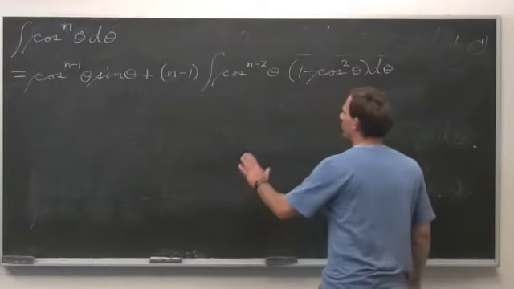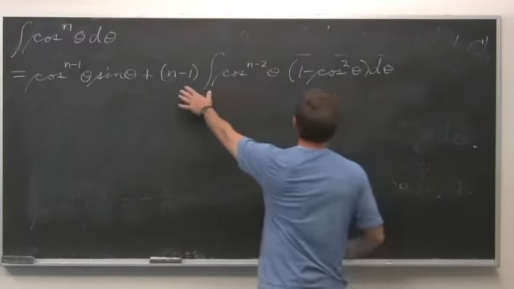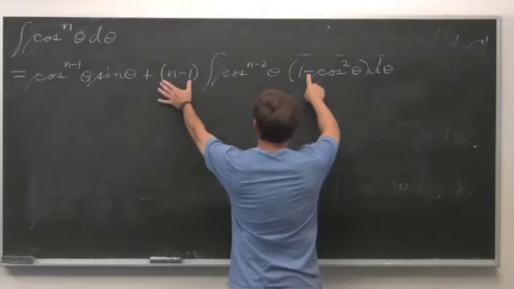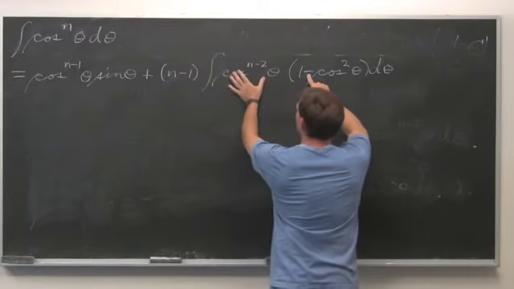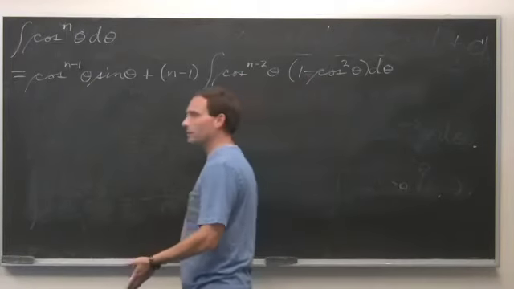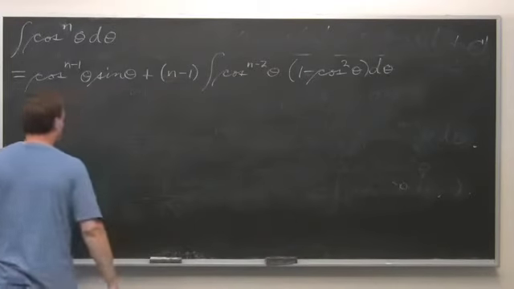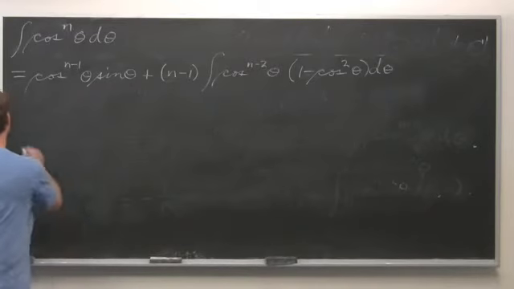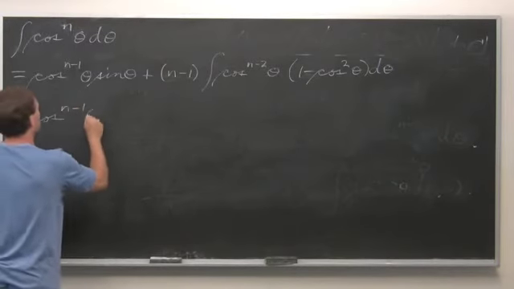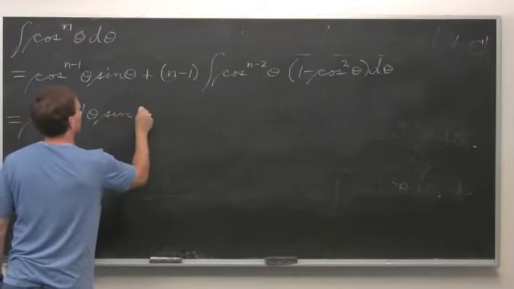And now you multiply this out, and you see that one of the pieces we end up with is minus n minus 1 times cosine to the n minus 2 times cosine squared. The exponents add, we're back to cosine to the n. But we're going to do our trick where we add back and divide, so don't worry. So you get cosine to the n minus 1 theta, sine of theta.